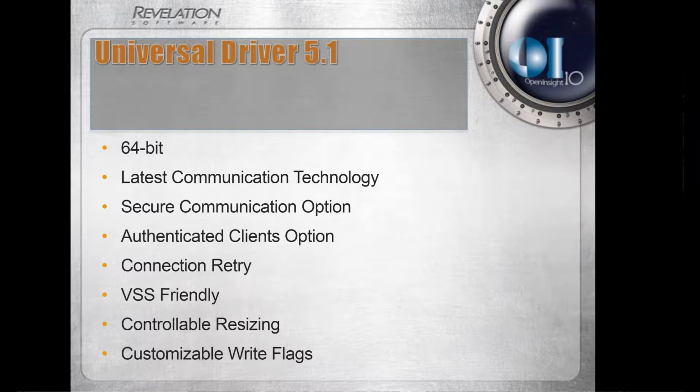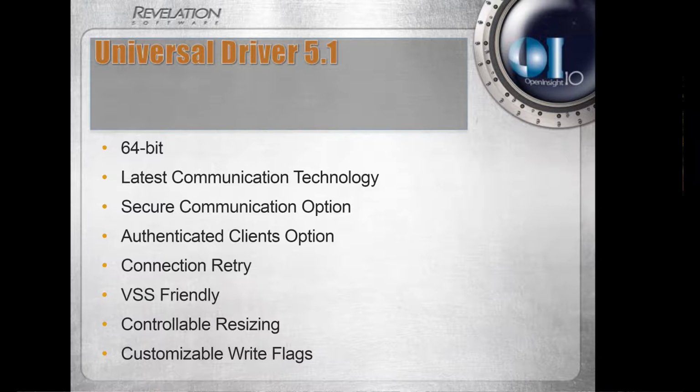By making the universal driver VSS friendly, or VSS compliant, if you use the appropriate backup server, you don't need to bring down your system to back up the files to make sure that they are quiescent for backing up. Instead, the backup software will issue a command to the universal driver. The universal driver will temporarily pause update access to the files while a snapshot is made, and then user processing will continue.